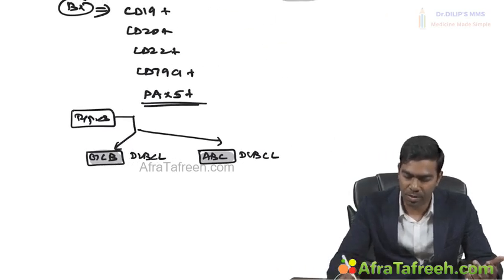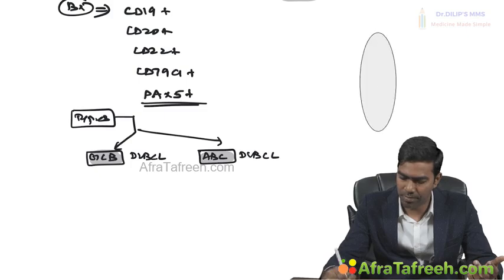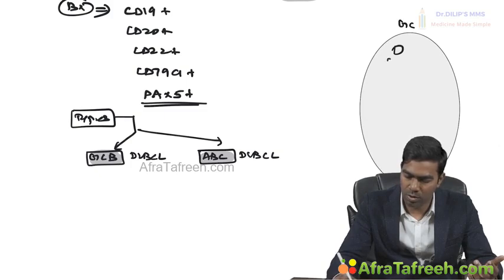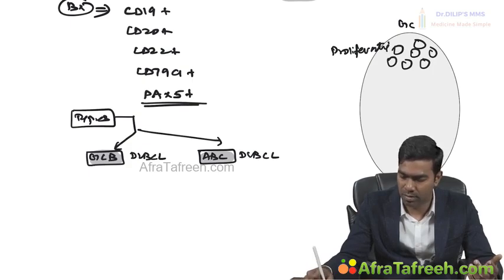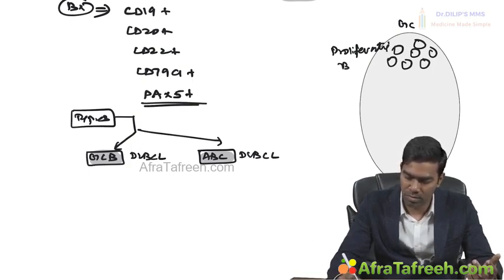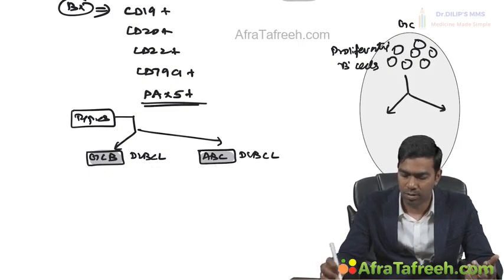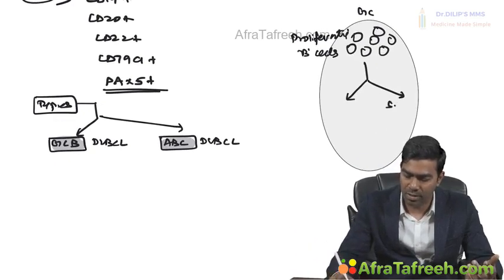I already told you, when you draw the germinal center once again here, these are centroblasts, or proliferating activated B cells. Now they can go for selection or apoptosis.